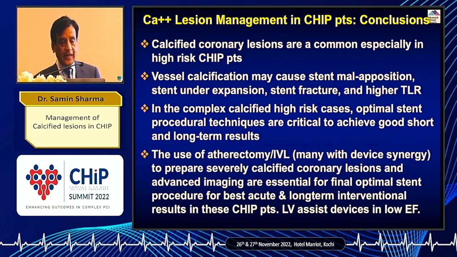And atherectomy and IVL, many times with the device synergy, will be needed to have a good acute angiographic result, and this will subsequently translate into a better long-term outcome. And of course, think about an LV assist device in low ejection fraction, because once patients start going sour on the table, it will be very tough to save them.